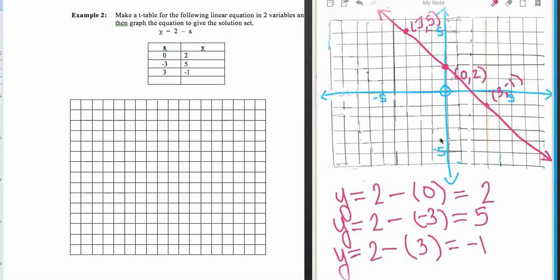So, rule of fours: the equation describes it. The set of ordered pairs describes some of the solution set, but not all of it, though it certainly gives us an idea. The line gives us all of the solution set, and then we could also describe it in words. This one says that I'm going to start at 2, and I'm going to take the value of the independent away to get the value of the dependent.